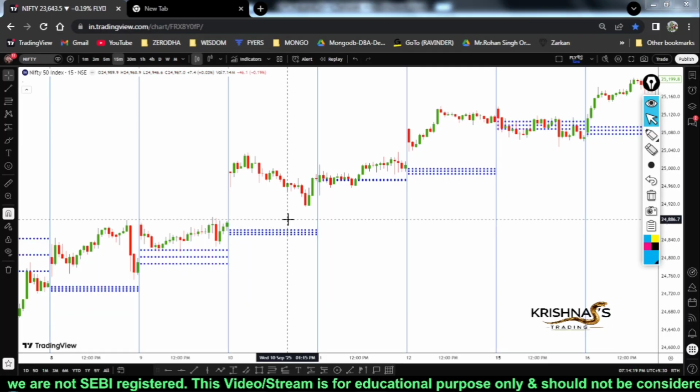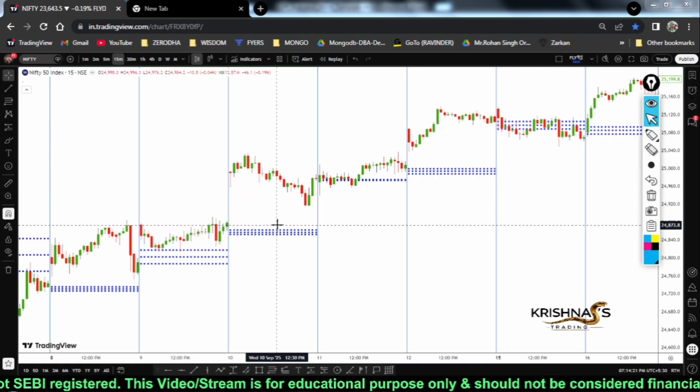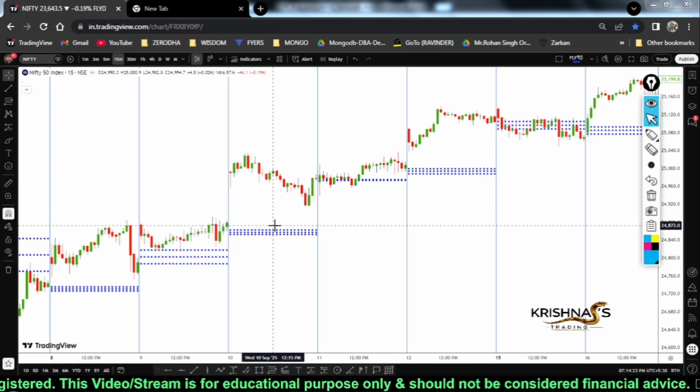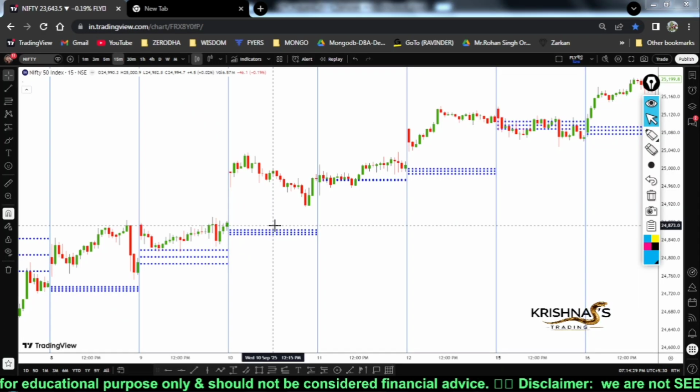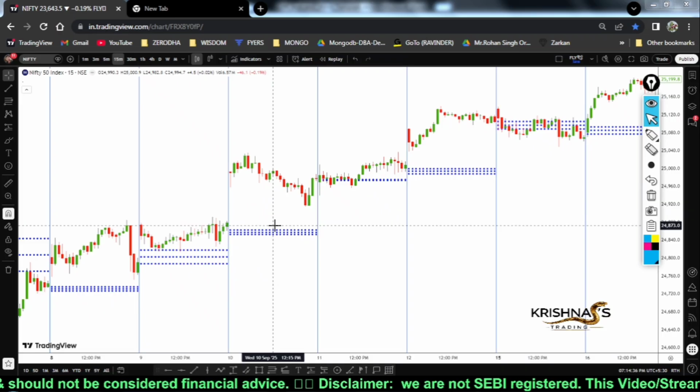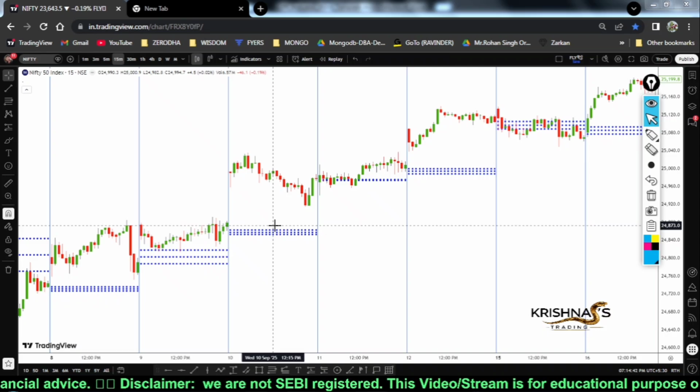And also we should avoid short entries on ascending CPR days. We should go for the long side or buying side only. If anyone is trading options on an ascending CPR day, mostly try to go for CE entries only. Avoid the PE entries.